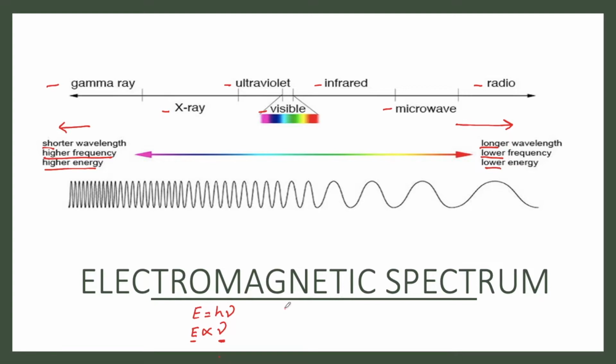This expression can also be rewritten by writing frequency as c by λ. From here, we can say that the energy is inversely proportional to λ. Lambda is how we represent the wavelength.